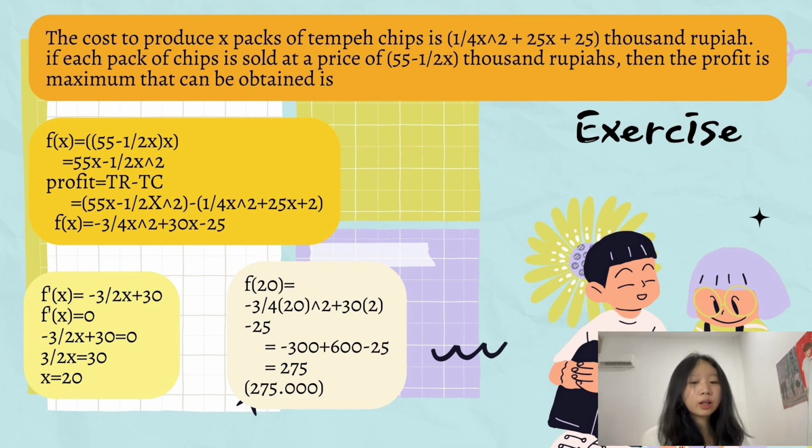From the equation itself, it was already given to us that the fx was 55 minus half of the x. And the cost for each part was 1/4 of the x power of 2 plus 25x plus 25.